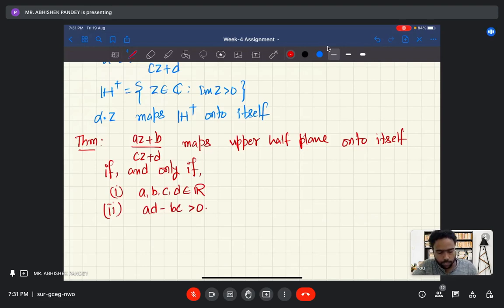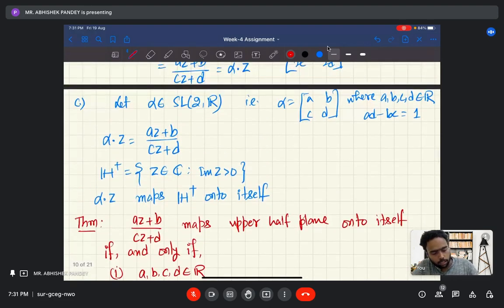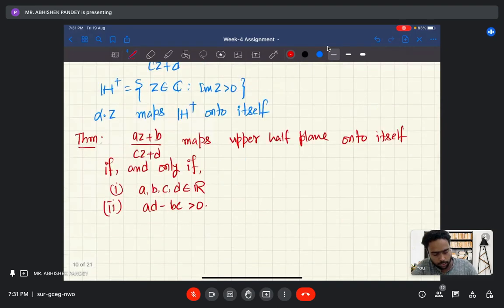So with this theorem it is clear. The alpha which we are choosing obviously has AD minus BC positive, so it will map H plus onto itself.